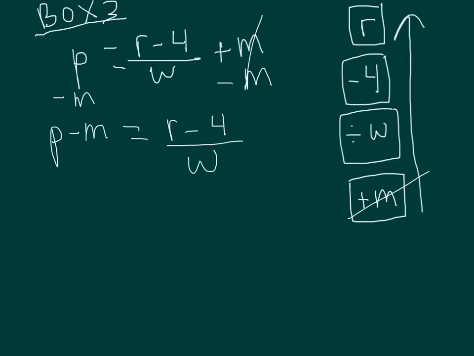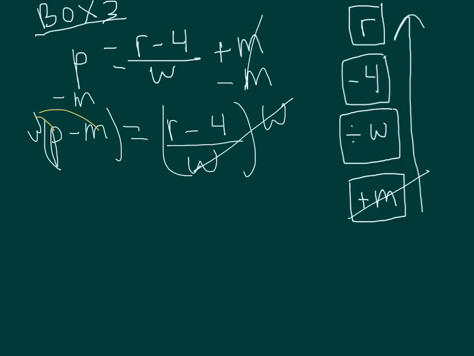So I'm going to come over here, I got rid of the m. Now the next thing they do in these, as I go up the boxes, is divide both sides by w. So what am I going to do? I'm going to multiply both sides by w. That'll cancel out these two w's. And over here I'm going to distribute. Change colors here. So I'm going to distribute.